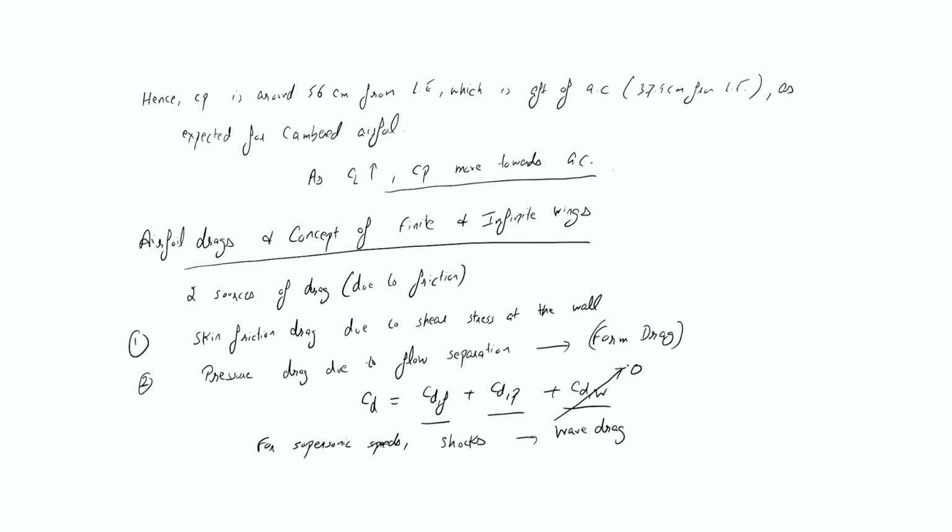We will consider wave drag to be 0, and we will write CD equals CDF plus CDP. If you notice carefully, these two are because of the shape and size of the wings or the aircraft body. The combination of these two is also known as profile drag.